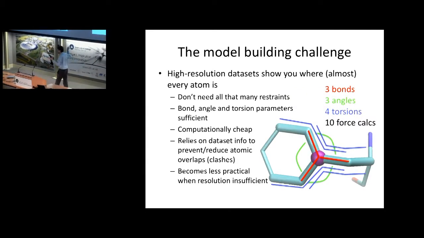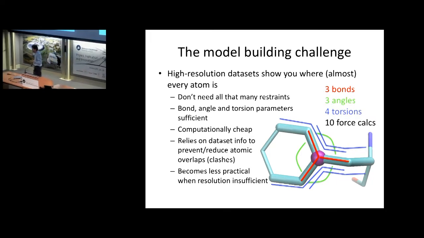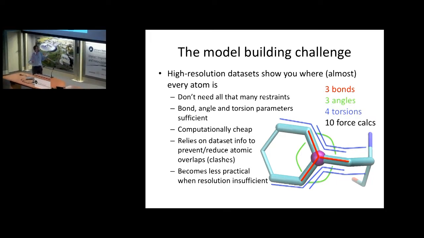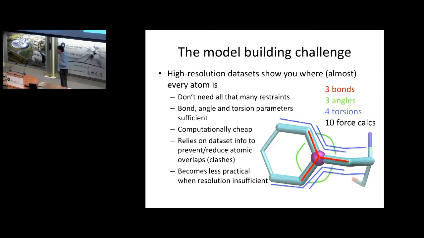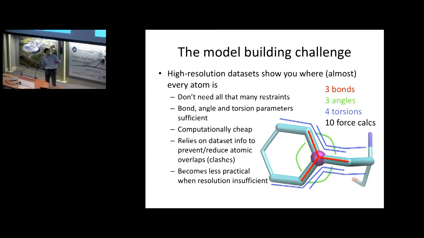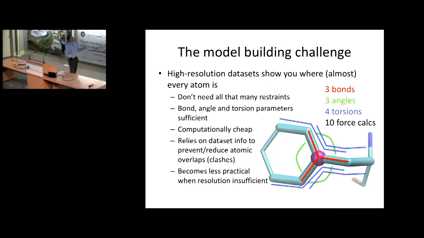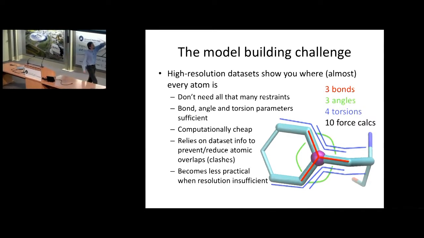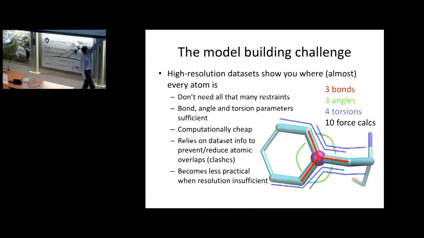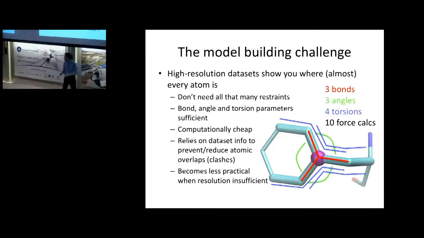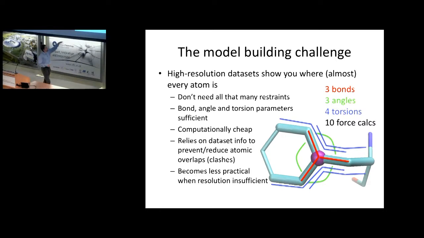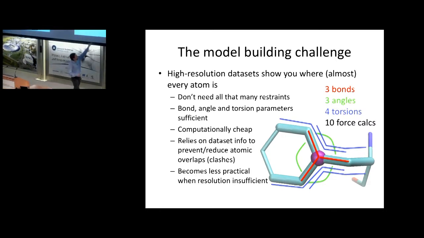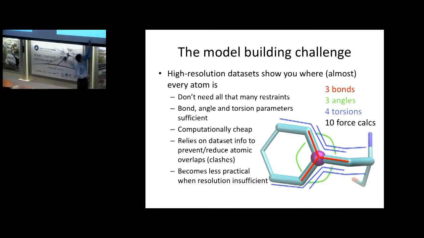Now, traditionally, your model building packages are built for the computational capability that was available at the time. And so they keep things local, keep things simple, which is all you need when you have nice high-resolution data. So if you consider just the bonded interactions of this purple atom here, you've got 3 bonds to deal with, three bond lengths to refine.